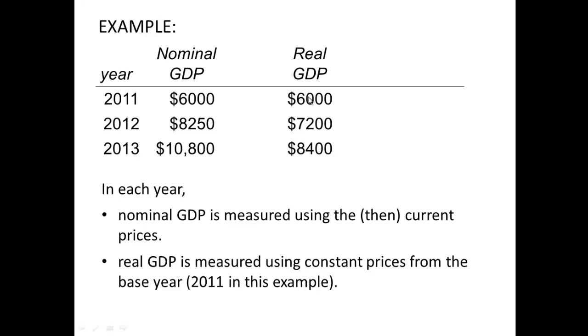And then when we take 2011 prices and apply them to 2012 and 2013 quantities, we see again 6,000 for 2011, that's the base year. 2011 prices with 2012 quantities or output is 7,200, and with 2013 it's 8,400. See the difference? The difference comes because we use 2011 prices. So our current prices are here, our adjusted prices are here.